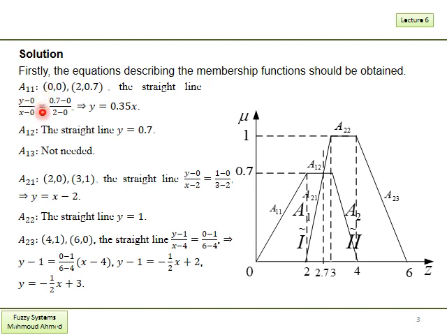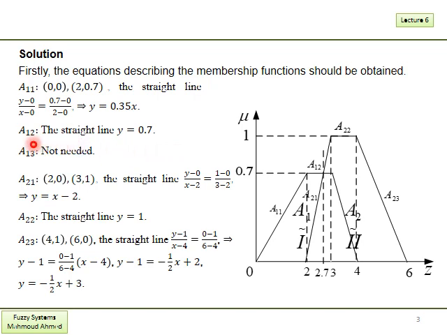So by cross multiplication, in this case y is equal to 0.35 multiplied by x, such that 0.35 is the slope of this straight line.